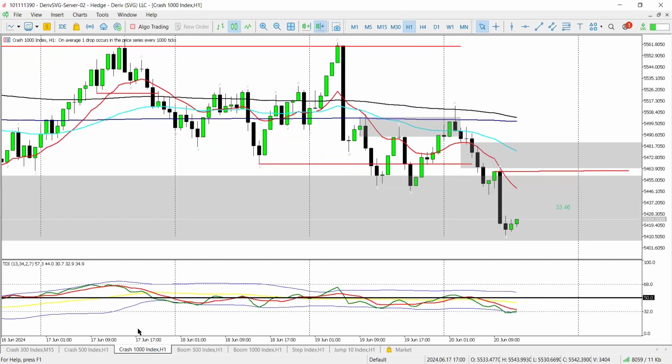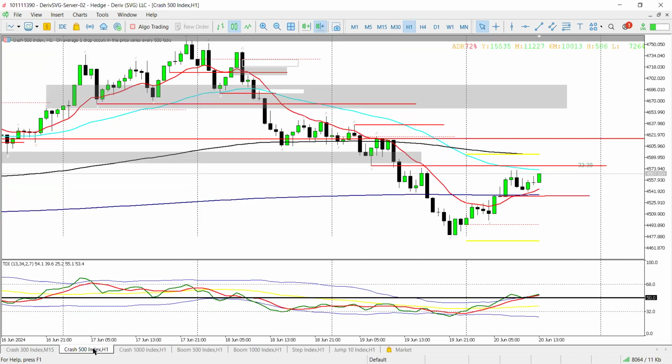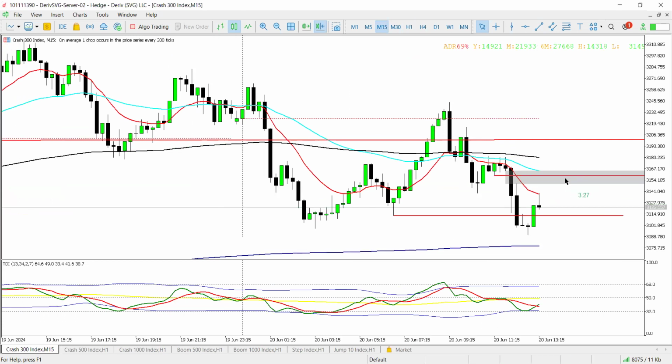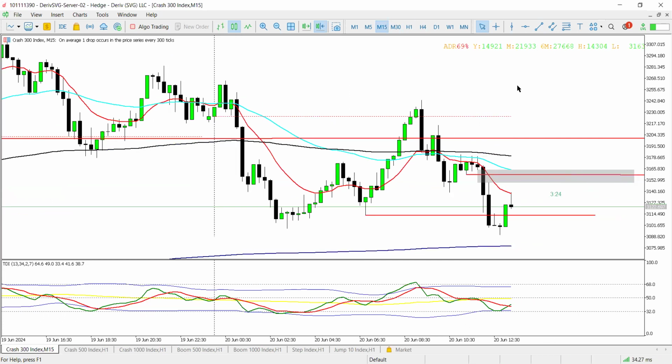Same applies to B5. C1000, we're waiting for a retracement. Might be a trade for the evening or early hours tomorrow. C5, we're waiting for a break of this order block or for price to tap into this order block. Those are my only 2 points of interest for now. And C300, I'm waiting for them to come into this gray zone you see. And yeah, we'll call it a day.